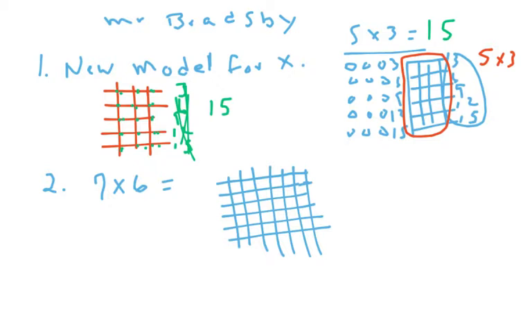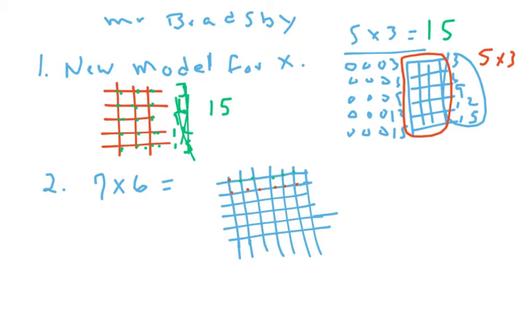Okay, so what we're interested in isn't the number of boxes, it's the number of intersections. Whoops, what did I do here? 1, 2, 3, 4, 5, 6 lines. Oh, I've got a 6 by 6. I'm supposed to have 7 by 6. See?